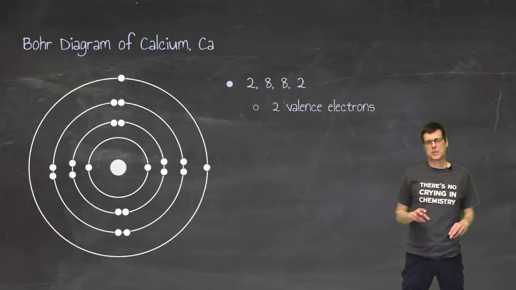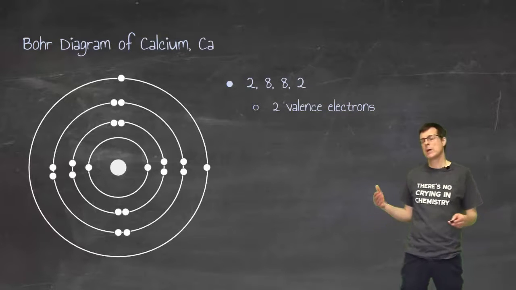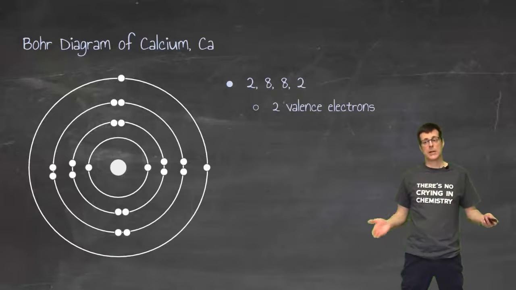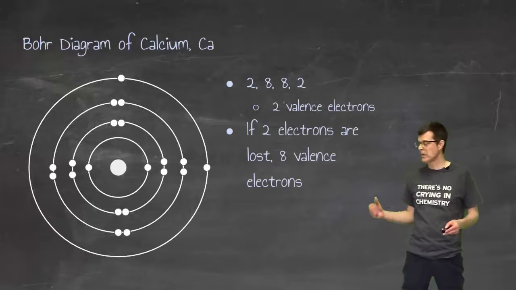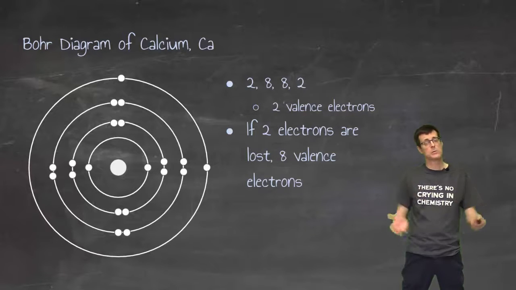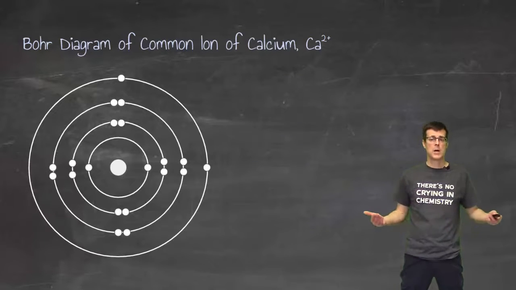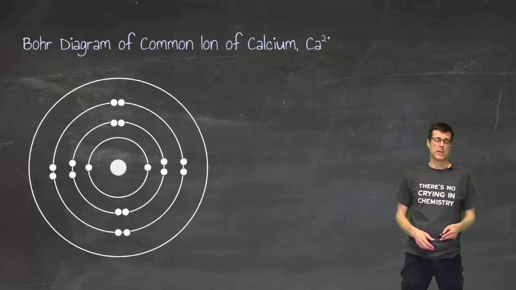So with 2 valence electrons, if I'm trying to get to 8, if 8 is my stable arrangement, 2 options: lose 2 or gain 6. If I lose 2, that seems a little bit easier. Then I'll have 8 valence electrons, because I will lose not only those 2 electrons, I will lose that entire energy level. So when I'm asked to draw the common ion of calcium, I'm going to take away those 2 electrons to get to that stable octet.